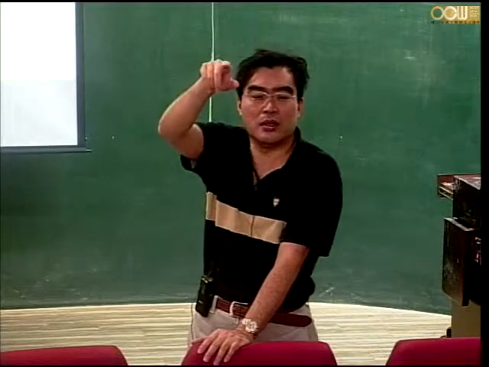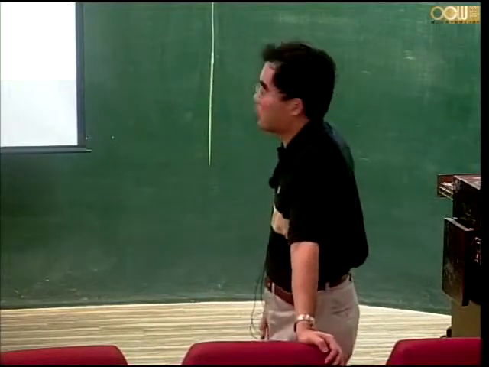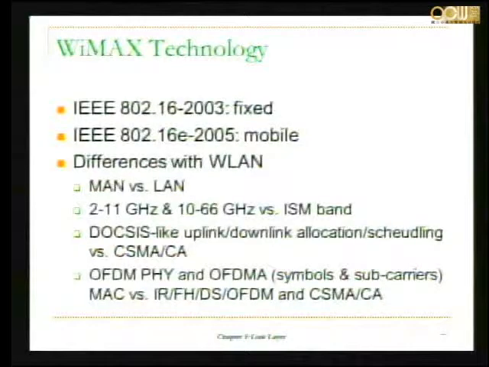You can enjoy the high bandwidth, but without mobility. However, for personal use, instead of residential use, you need mobility, and you cannot go for that high frequency. You need to lower the frequency to below 11 or below 10 gigahertz. So the spectrum used will be between 2 and 11 gigahertz.